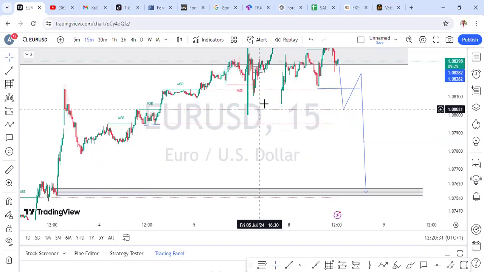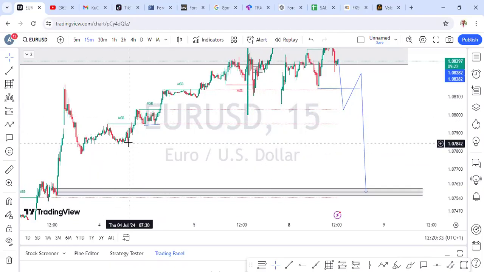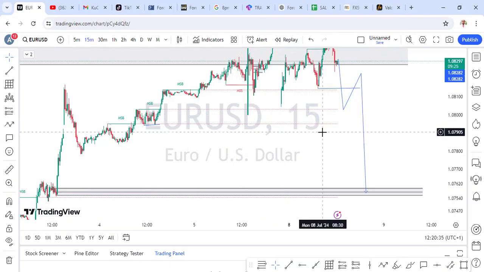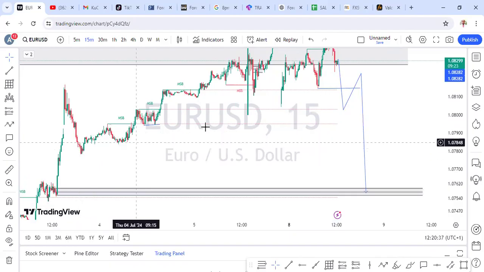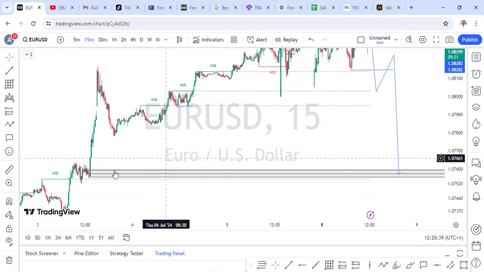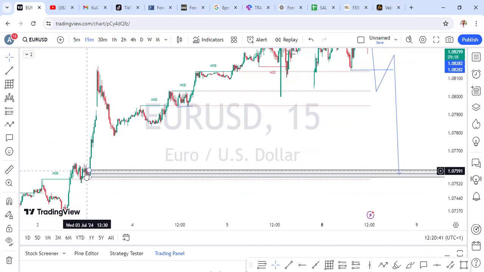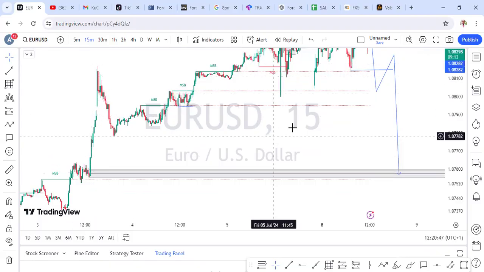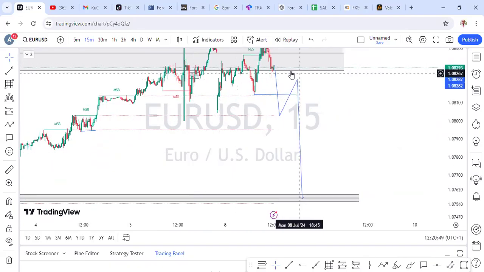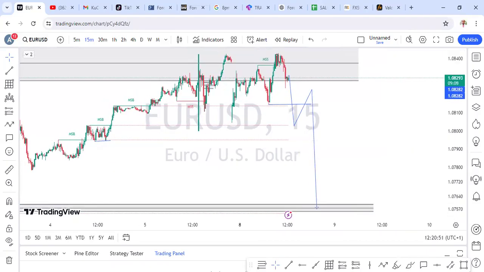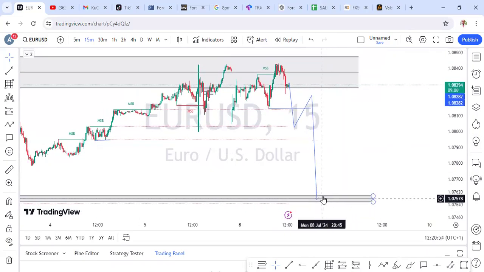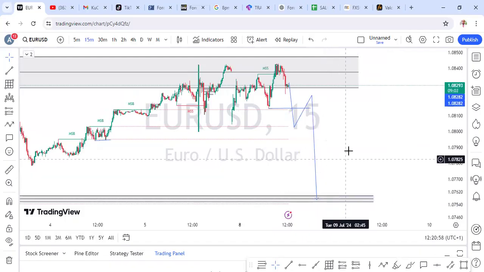There are a lot of old lows and liquidity plays, old low and old high. So we have all this liquidity here, and we have this imbalance, and we have this base that formed this bullish order block. So if price starts selling, I'm seeing Euro USD coming to 1.07597.